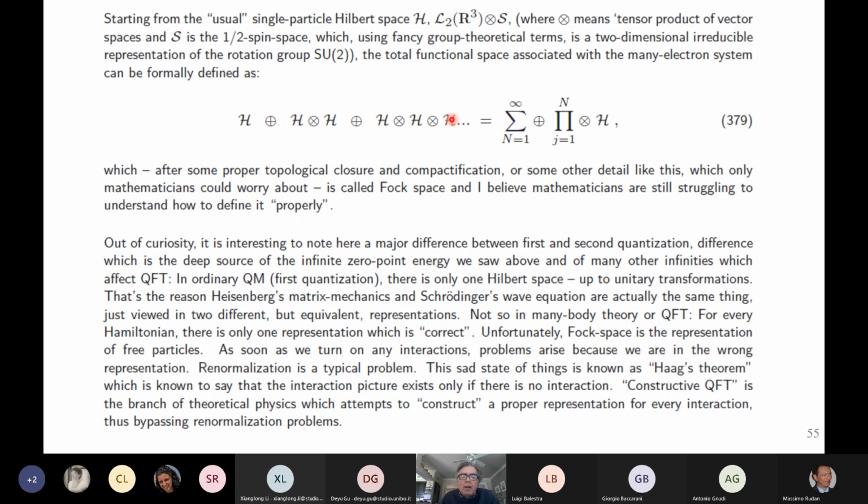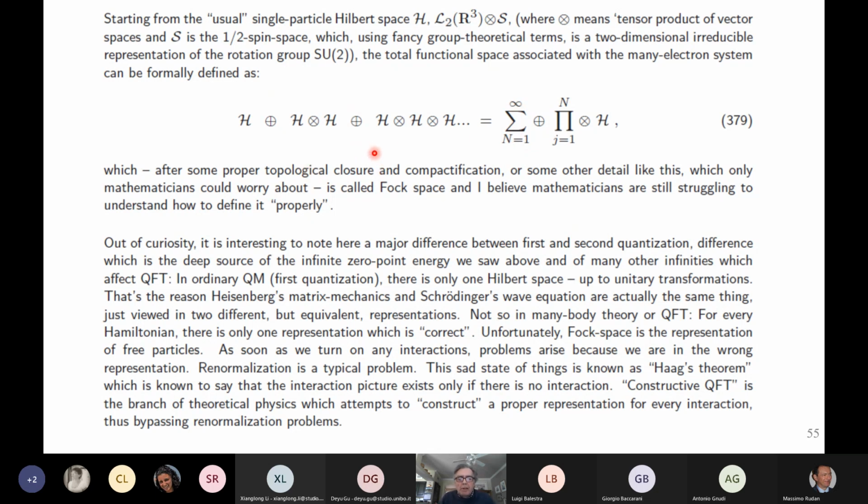So I get a Hilbert space for 3 particles, and I add it, another addition of these Hilbert spaces, and I keep going forever. So this is the Hilbert space that comprises all Hilbert spaces for as many particles as I wish. So it's a product up to a finite number of particles, but then I add for all possible numbers of particles up to infinity.